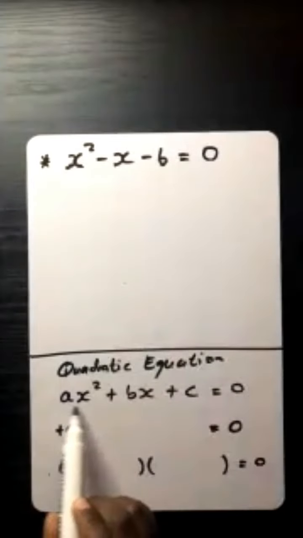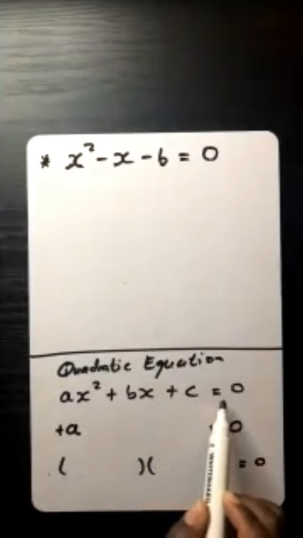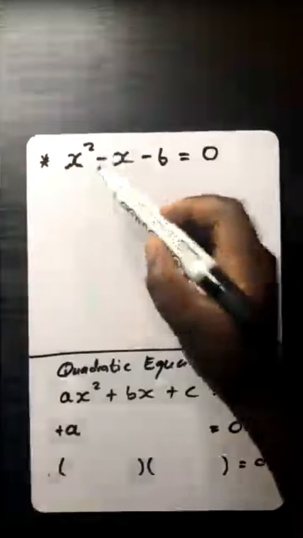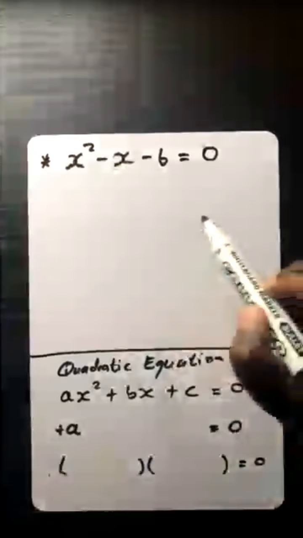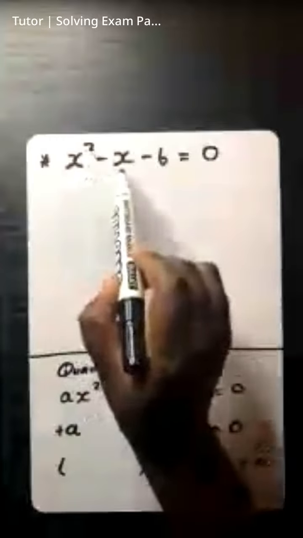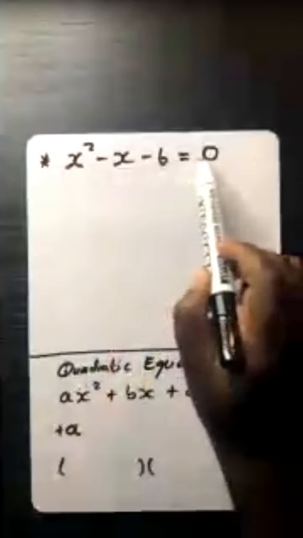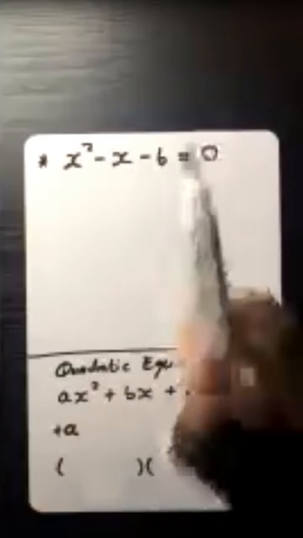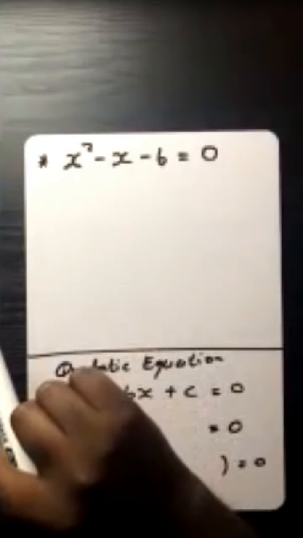Let's check. I've got that, I've got that, I've got that, and it's equated to 0. So yes, it is in the standard form. Why? It's because it's in that order of letter squared, letter, a constant, and most importantly, it's equated to 0. If it's in the standard form, what's next?